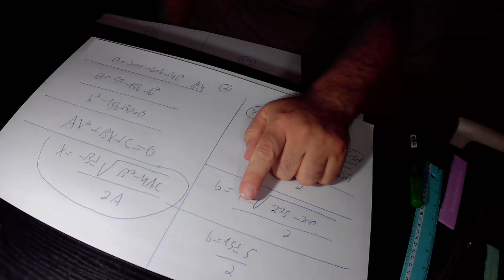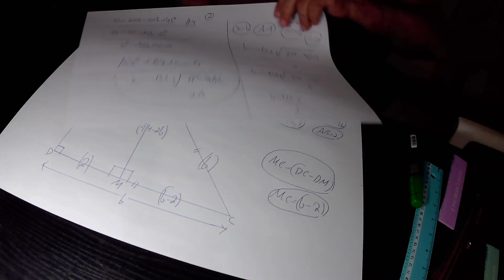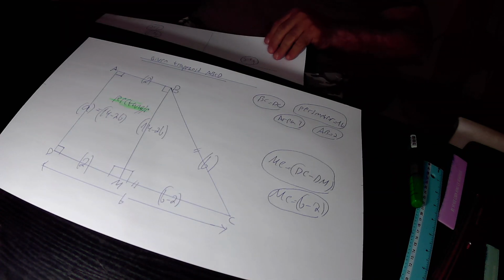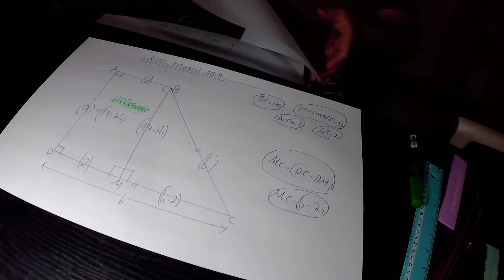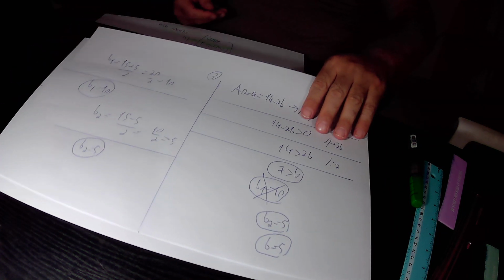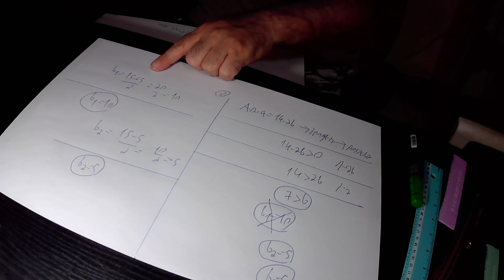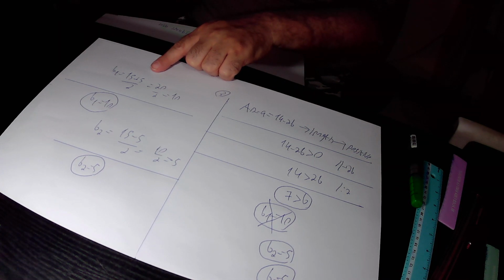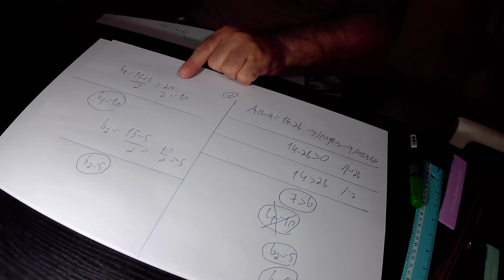We define the first solution as b1 and the second solution as b2. So the first solution is b1, that equals 15 plus 5 over 2. 15 plus 5 is 20, so 20 over 2 is 10.